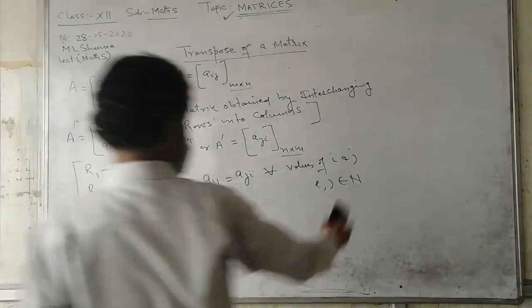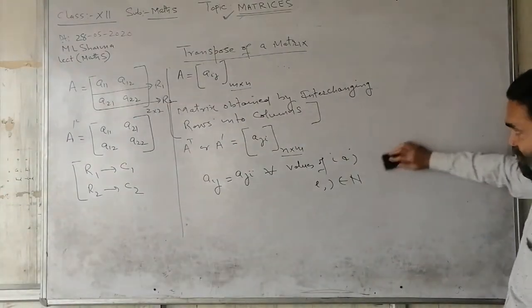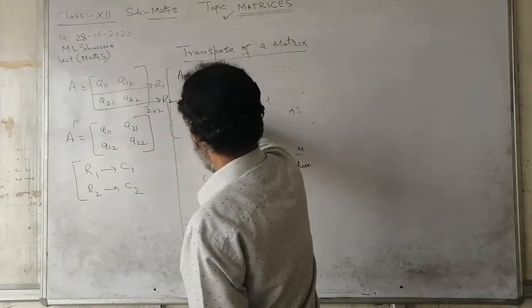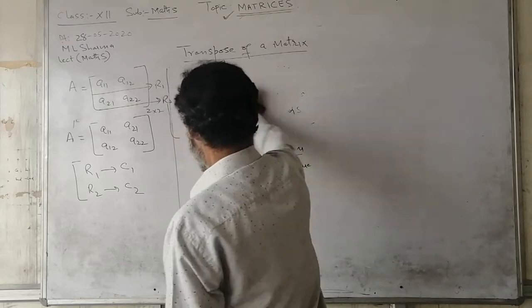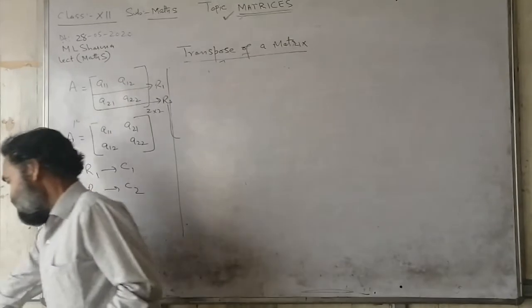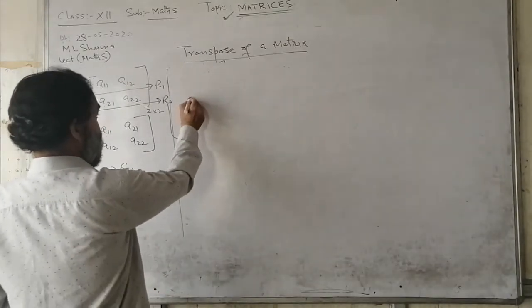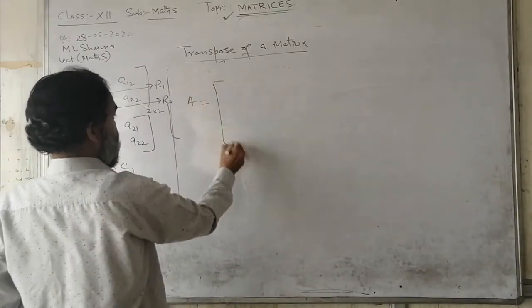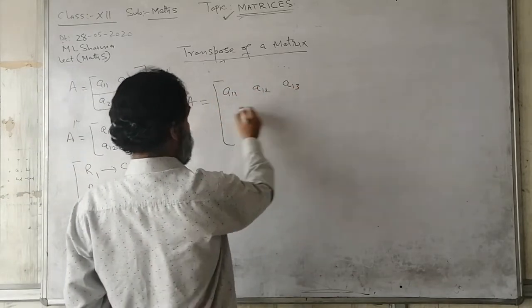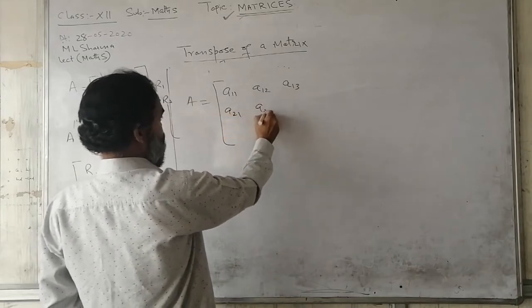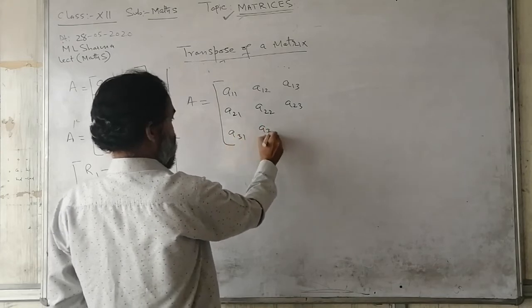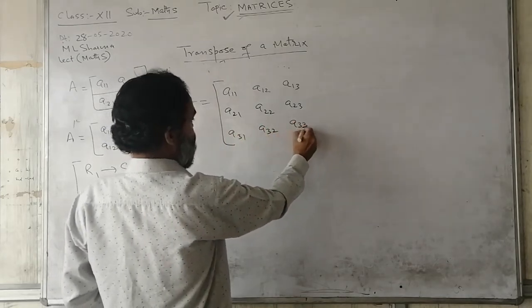Suppose I have a matrix of order 3 by 3, so in that case the same procedure is followed. A11, A12, A13, A21, A22, A23, A31, A32, A33.